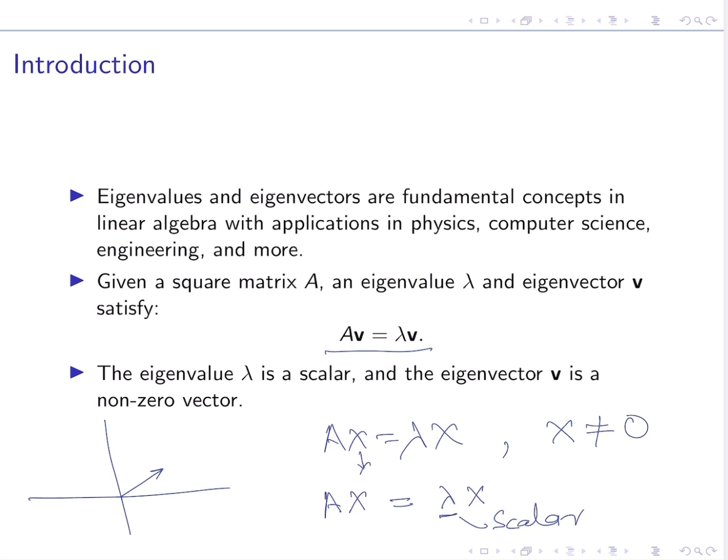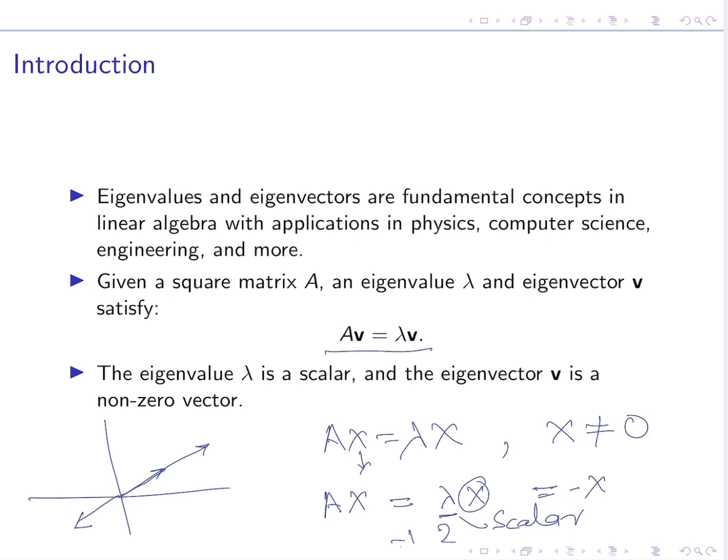If I multiply, this vector becomes twice its length. Twice its length means lambda becomes 2. And if I get the opposite direction, it means lambda equals -1, because it is the same vector with negative direction, minus x, opposite direction.